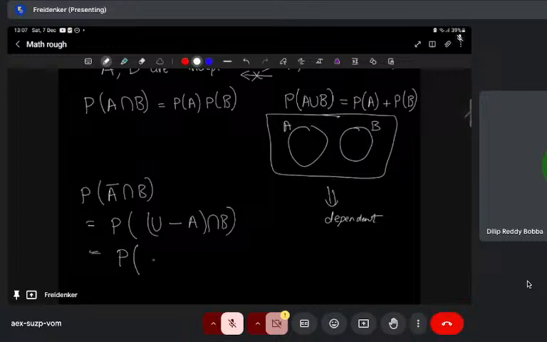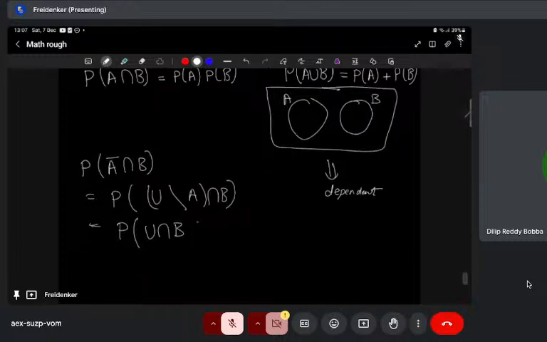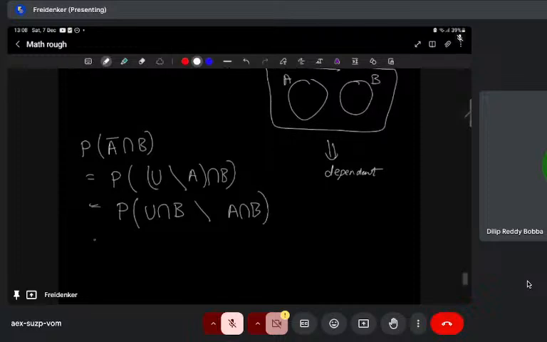Will this be universal set intersection B? Minus means, okay, you write minus this way, right? I'm just writing things. What is the intersection of universal set and B? It's essentially B. Am I even going somewhere? I have no idea. Is this taking me anywhere?